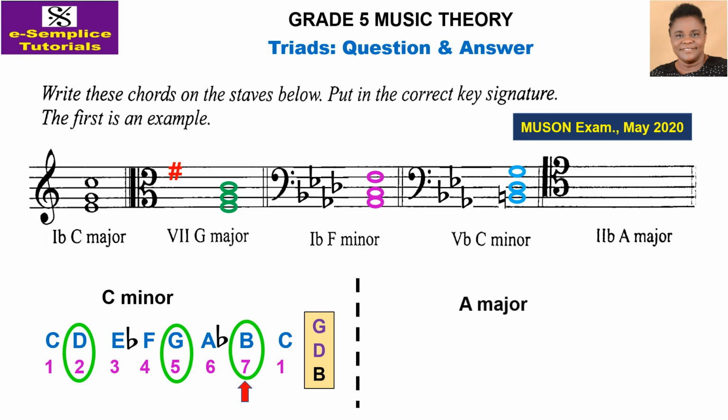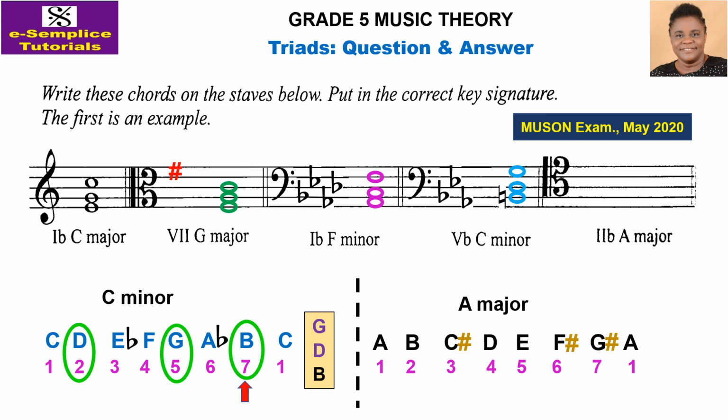Let's move to the last one. The last one is A major supertonic chord, that is chord 2, first inversion still. So as usual, A to A. Let's add the key signature accidentals in A major. That will be F sharp, C sharp, and G sharp.